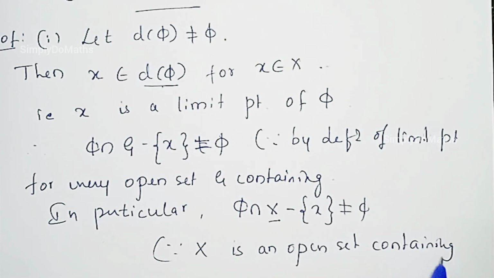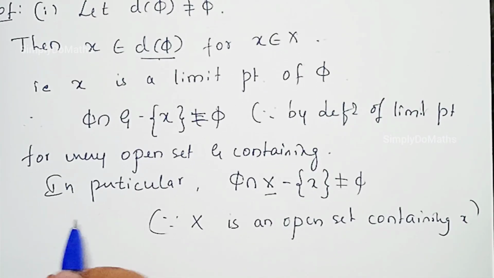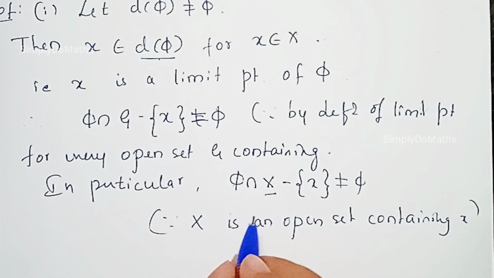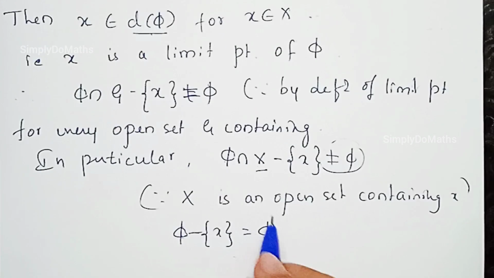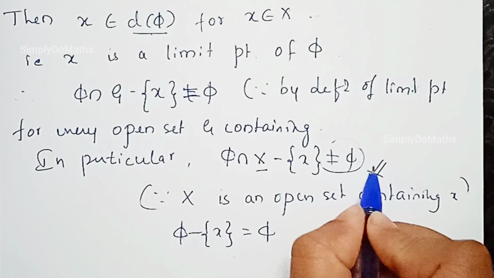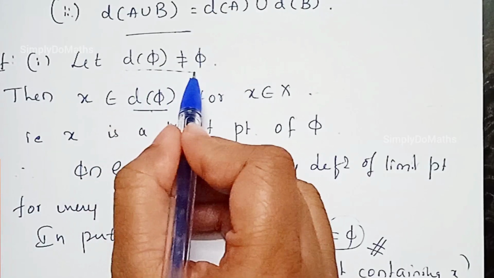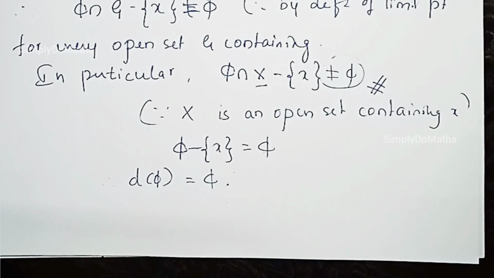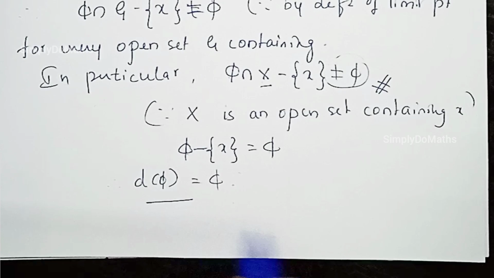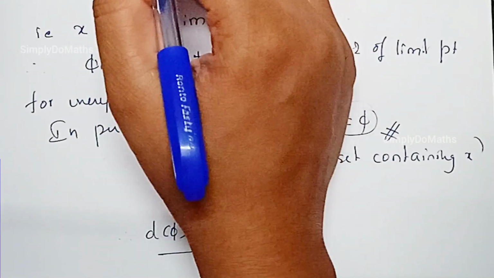But empty intersection X is empty itself, so empty minus the singleton set {x} is equal to empty. This will not become true in any case, so this leads to a contradiction. Therefore, our assumption that the derived set of empty is not equal to empty is not true. The derived set of empty is equal to empty. This is the first part of the given theorem.